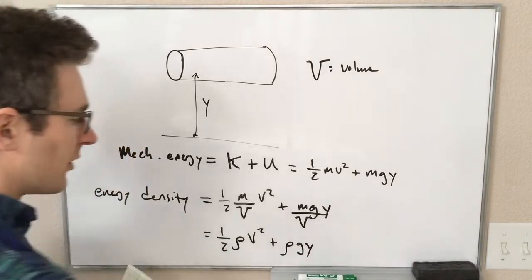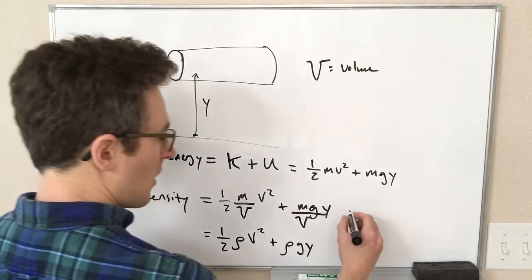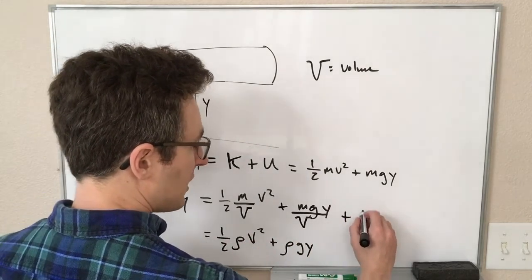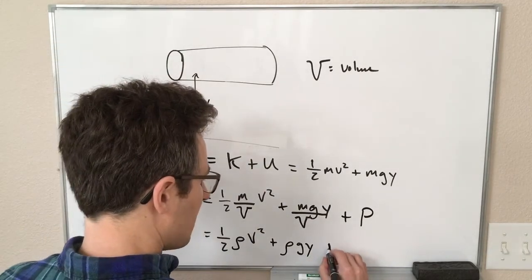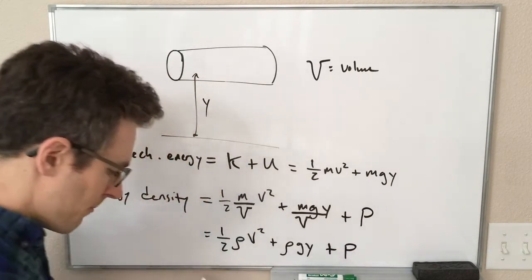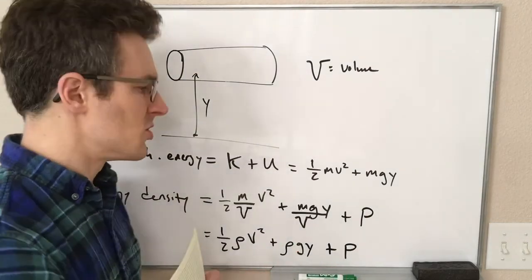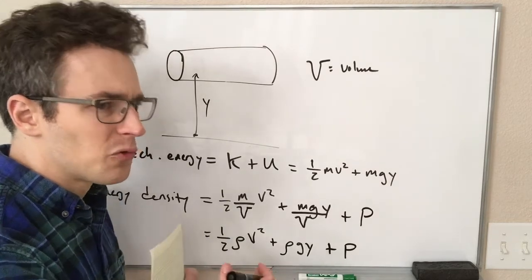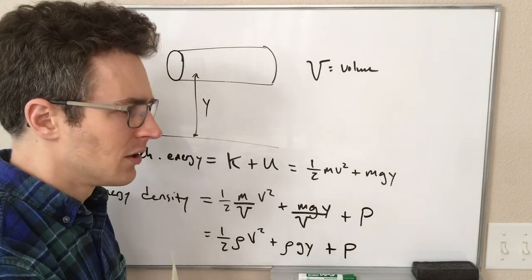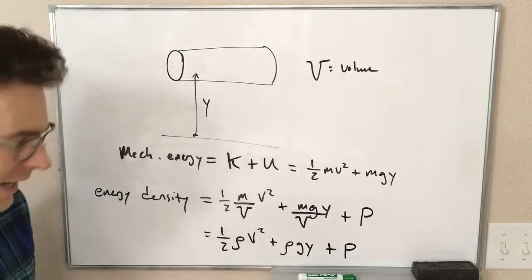There's one other term that we need to add to this, and that is our pressure, P. We're not going to worry about why this is, but we can think about it as taking the place of spring energy. If there's a pressure on our fluid, we are exerting a force on it to compress it, and it can push back on us and do work.